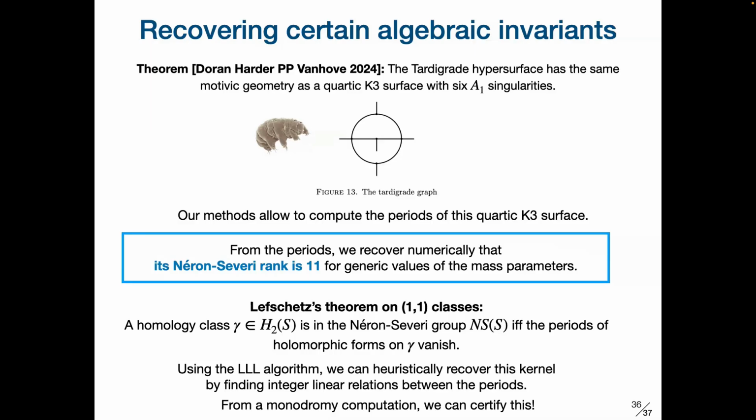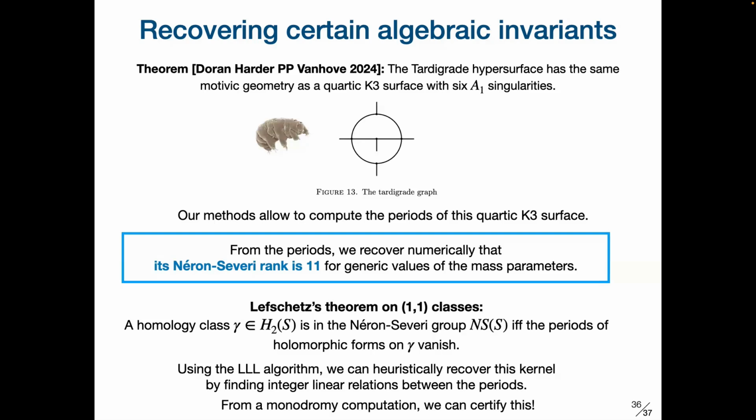The obvious underlying geometry of this graph is a cubic threefold, and you can show that it has the same motive, in some sense, as that of a quartic K3 surface, which has a certain number of singularities.